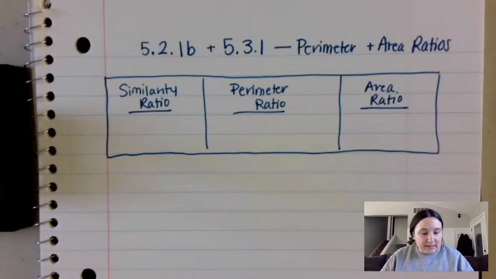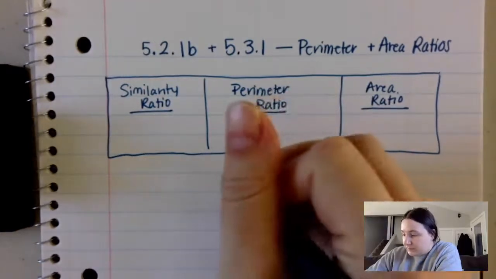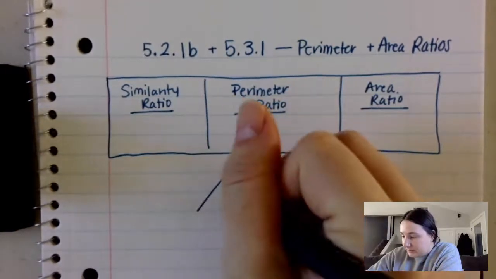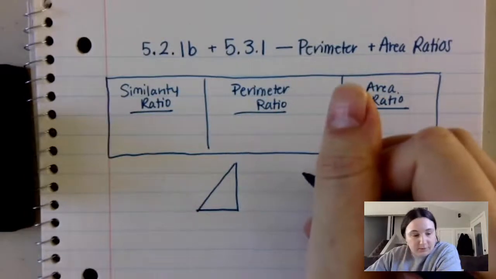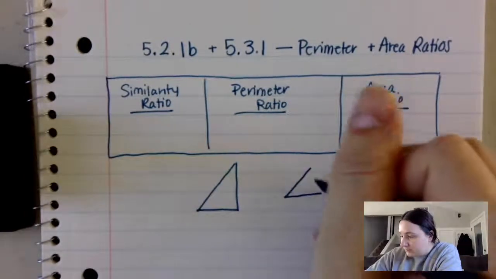Let's say we have 2 triangles that we know are similar. So let's use this example. We have this triangle and we have this triangle.